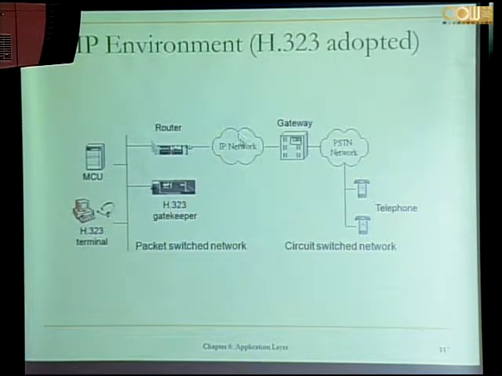But if you are calling someone on the traditional phone, then you need to go through another gateway to get into the traditional phone network, because if the caller is here and the callee is here, then your call needs to traverse the IP network and also the telephone network.